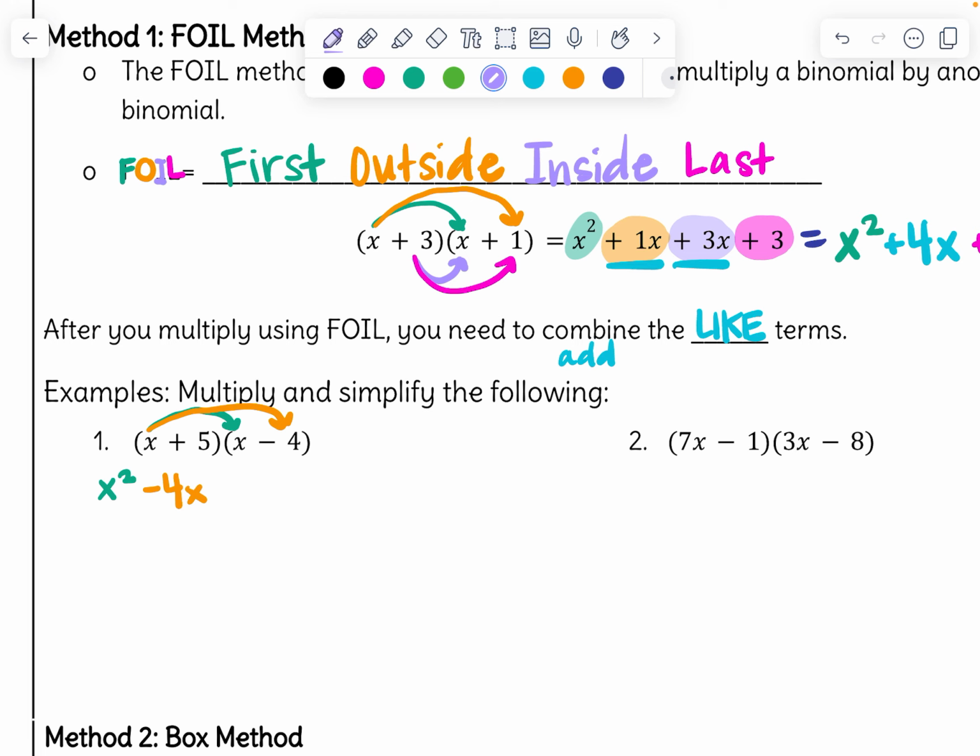Inside, 5 times x, positive 5x. And last, 5 times negative 4, which is negative 20. Now we combine like terms. And we have x squared plus 1x minus 20.